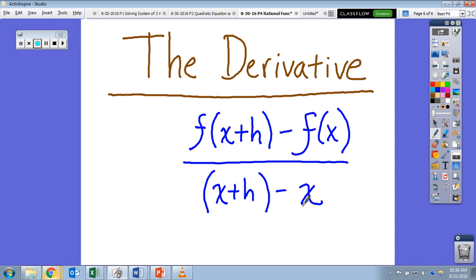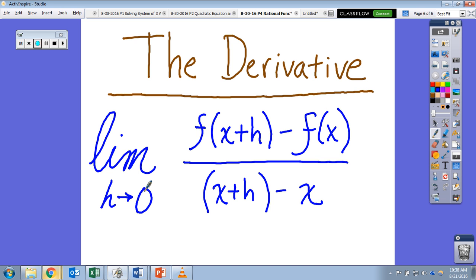Let's see then what would the value of the difference quotient be if that distance was approaching nothing. So the limit of this as that distance h approaches 0. This is the derivative.